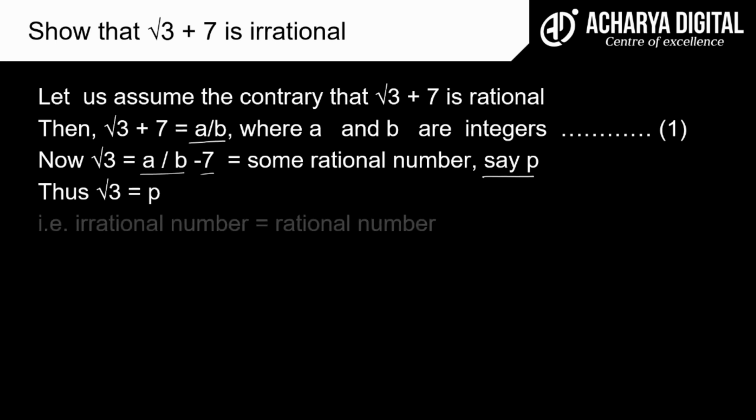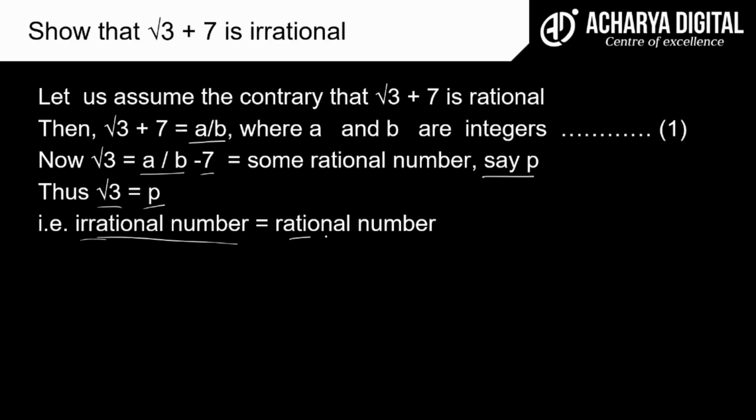But root 3 is an irrational number. We have seen in the previous example that root 2 I can show irrational. Similarly, root 3 is also an irrational number. And p is a rational number. So an irrational number is the same as a rational number. Is it possible? No. So why is this contradiction happening, or why is this false equation obtained?